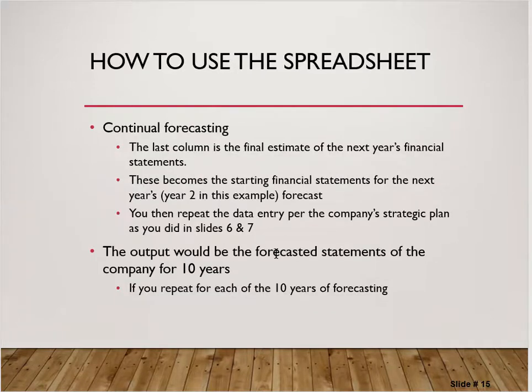So this is continual forecasting, right? The last column of the financials is next year's financial statement. This becomes the starting financial statement for the next year. And then you just change the data entry at the top of the page. Again, the output, ultimately we may be able to find several years worth of forecasting.